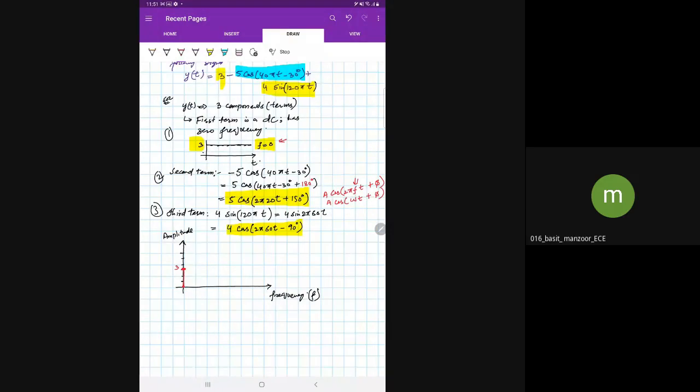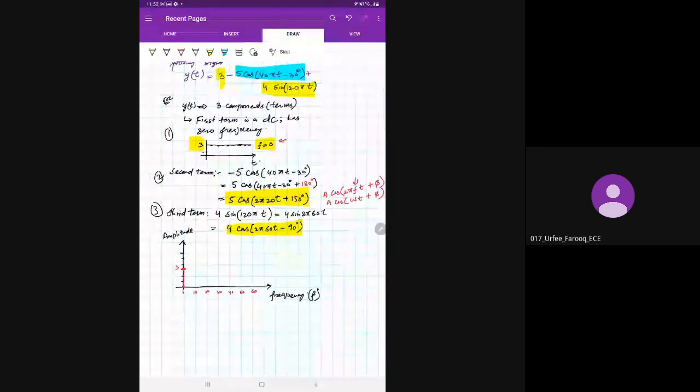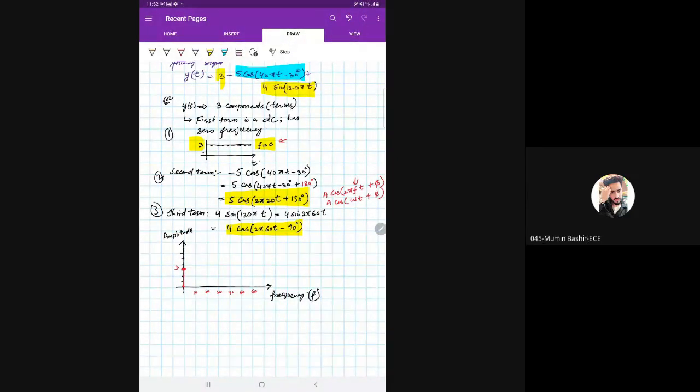I will ask the students, maybe roll number 17. Mumin, roll number 45: what is the frequency in the second component? 20.